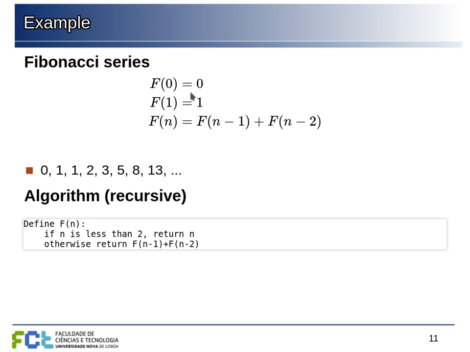Otherwise, if it's not less than 2, so if it's 2 or more, then we return the sum of f(n-1) and f(n-2). So basically we are calling again the same function, and we are doing this computation. Now the way this works is that, for example, if we have n equal to 2, we skip this condition, it's not less than 2.